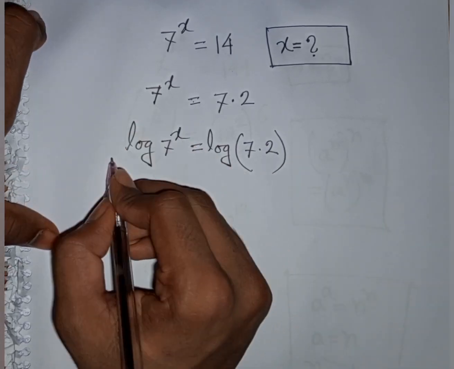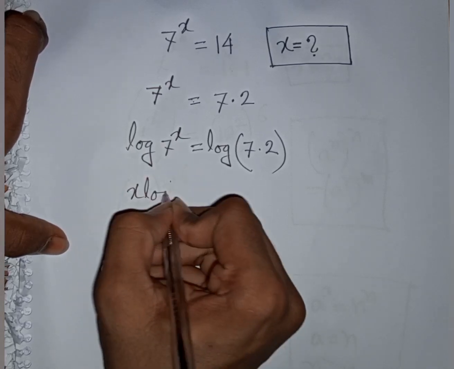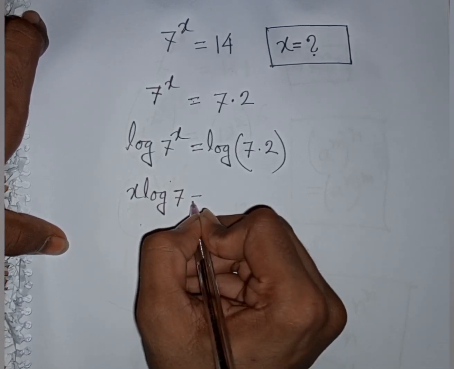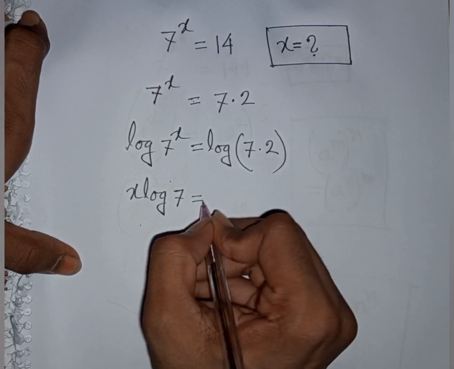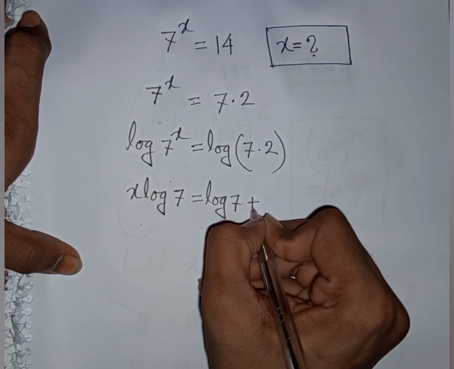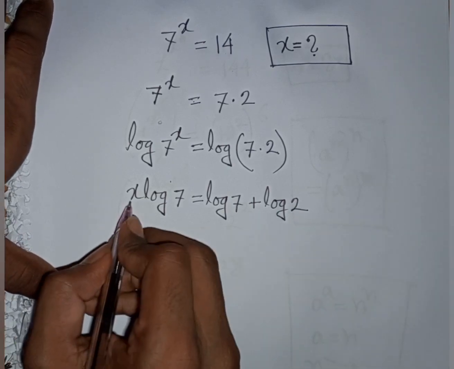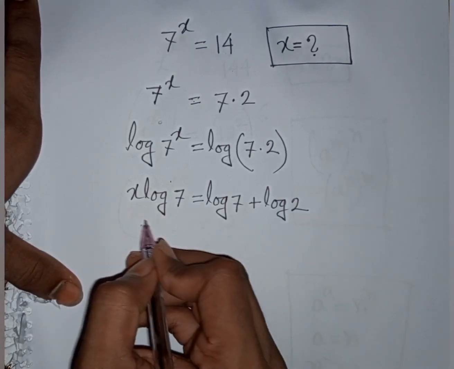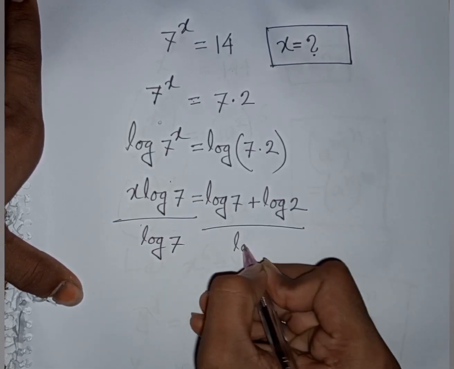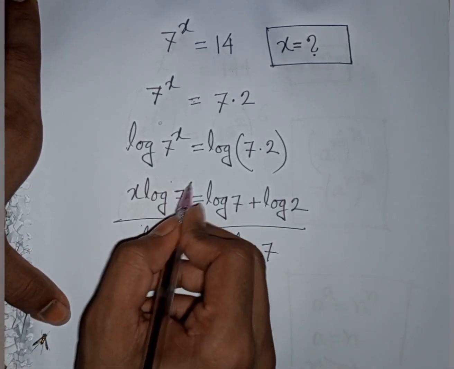Now this power x will move to the front. You can write here x log 7 is equal to log of 7 times 2, that means it will be log 7 plus log 2. Now we need the value of x, so divide by log 7 on both sides. Now this log 7 will be cancelled.